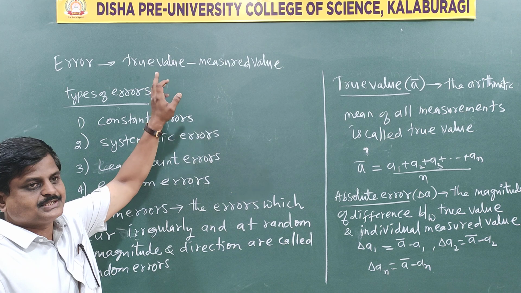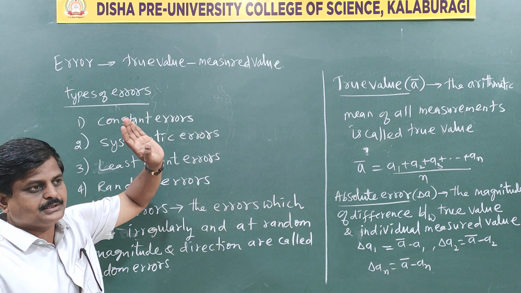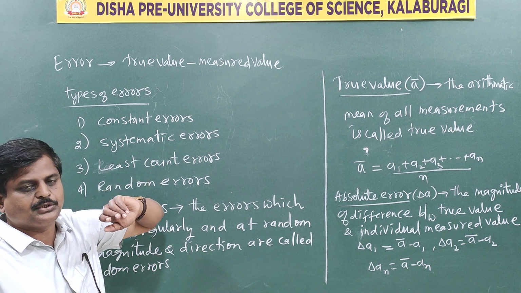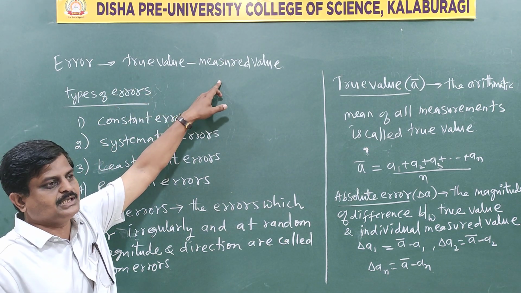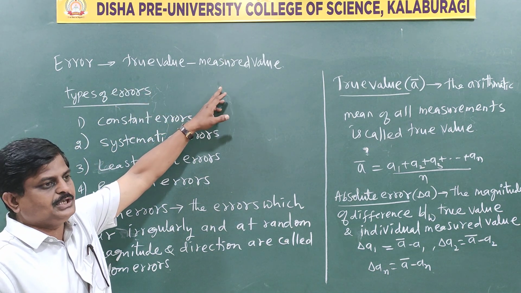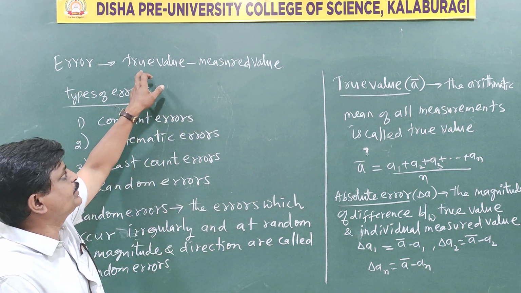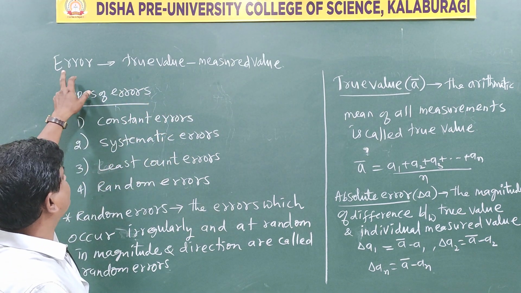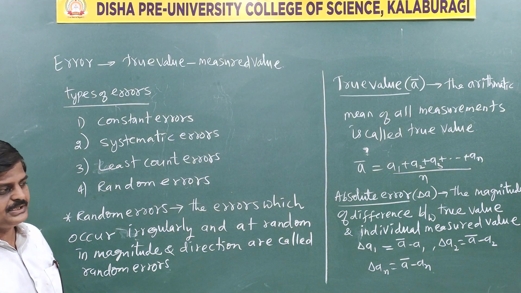True value means the standard value evaluated by the scientific community, or that standard of reference we call a true value, and the measured value is what you evaluate by conducting several trials. So the difference between the true value and the measured value, we take as the term called error. There are many types of errors.